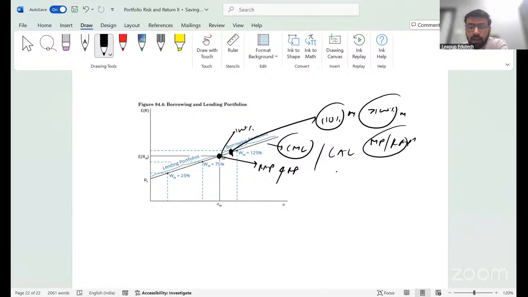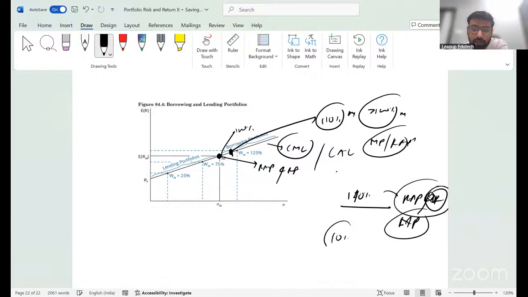Let's say 110% is your weight in the risky asset portfolio or market portfolio, that means 10% you have additionally borrowed and invested. 100% is from your own pocket, 10% is borrowed. And as you go more towards the right, the amount of borrowing keeps on going up.